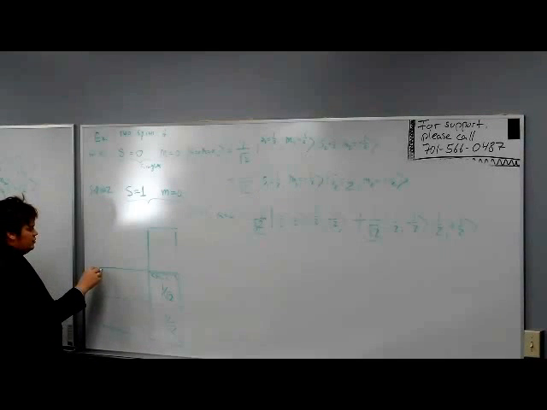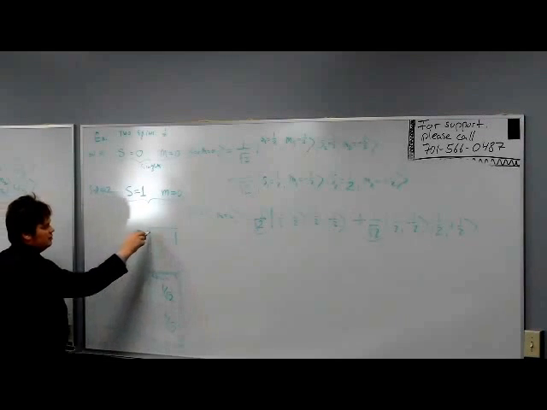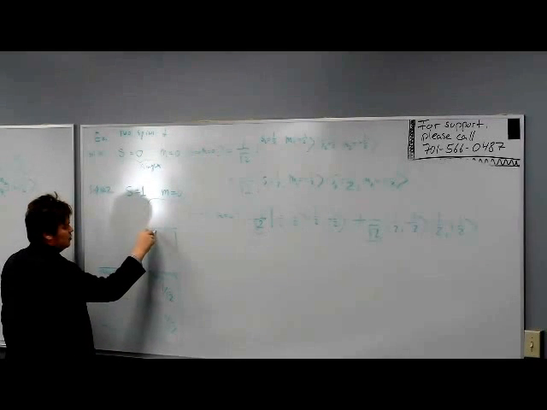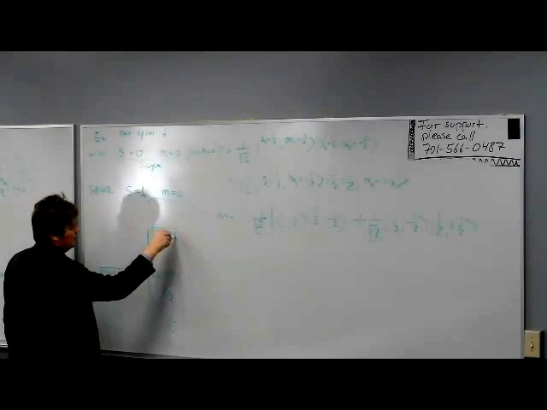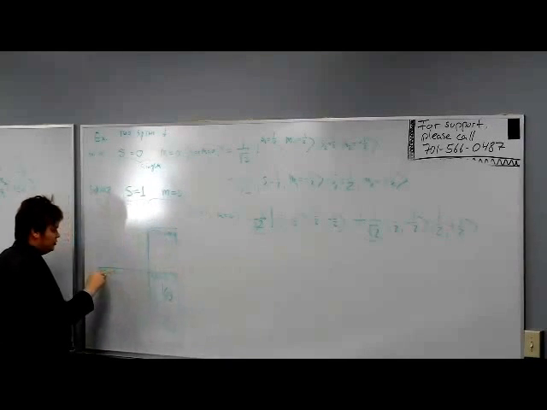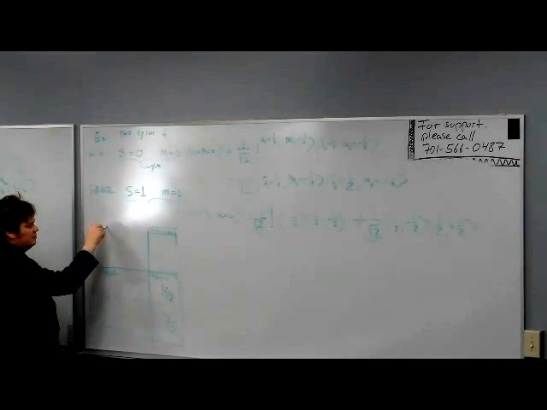So we have row indices, and we have column indices. And also we have a title of the table.